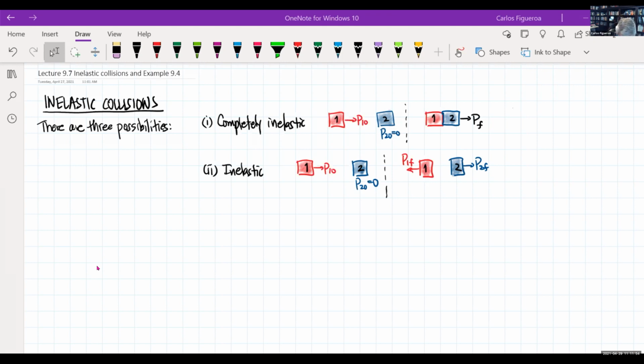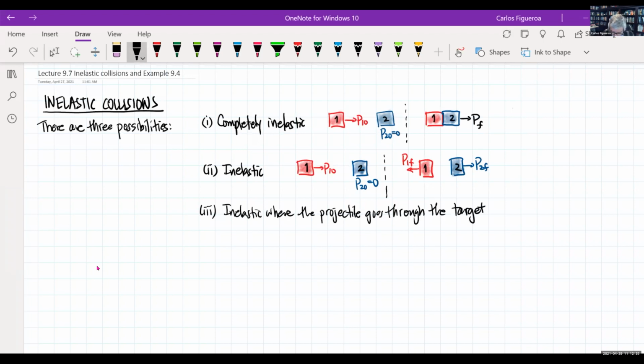And there's a third one, which is also inelastic, where the projectile goes through the target.